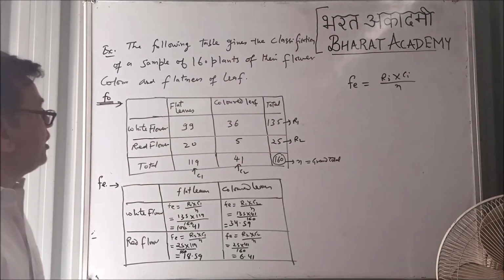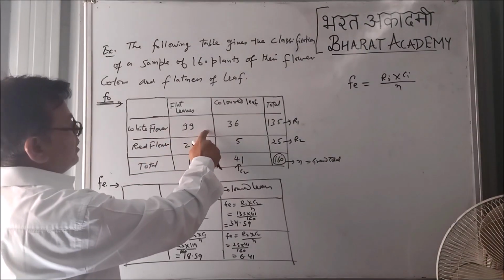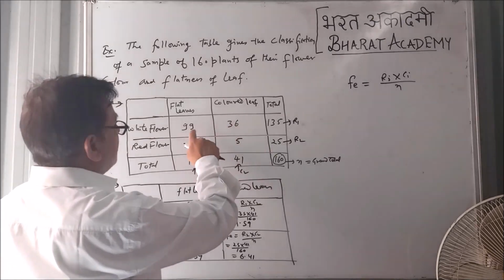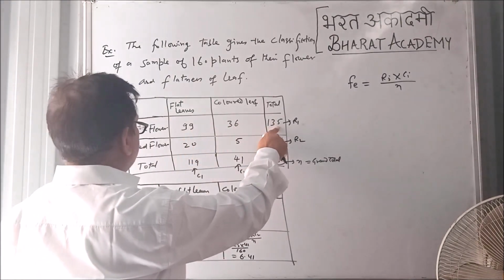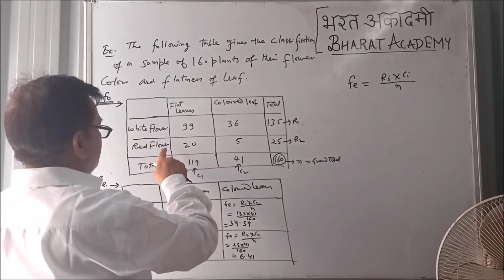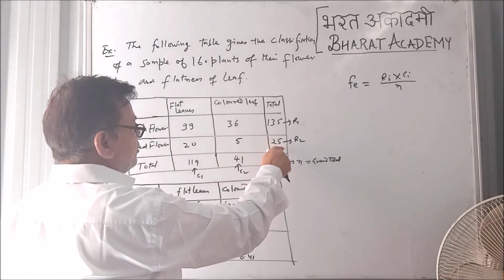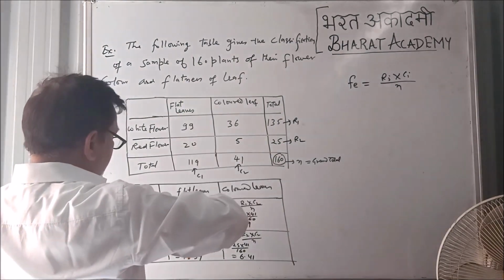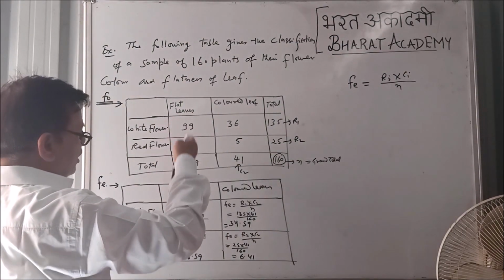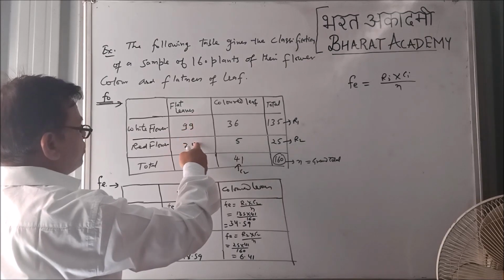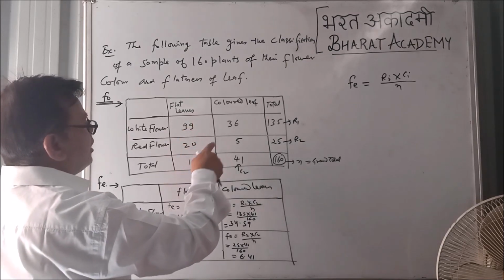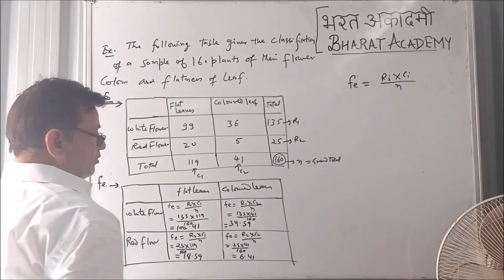For this, you will have to find this data from the original data. Just calculate the first row: 99 plus 36, this is 135. Addition of the second row: 20 plus 5, 25. And calculate the total of the first column: 99 plus 20, this is 119. 36 plus 5 equal to 41.